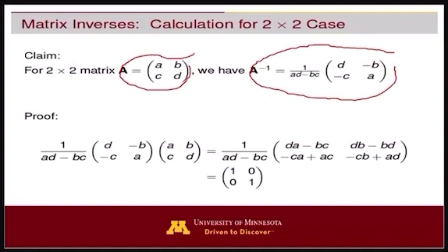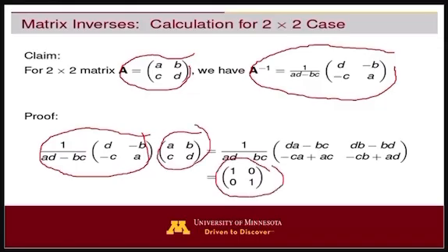And that's exactly what I'm doing now. Take a look at this. This is actually the inverse. I used it to multiply A, and at the end of the day, that gave me identity. That's a proof. That's how to validate, how to verify whether the inverse that you got is correct or not.